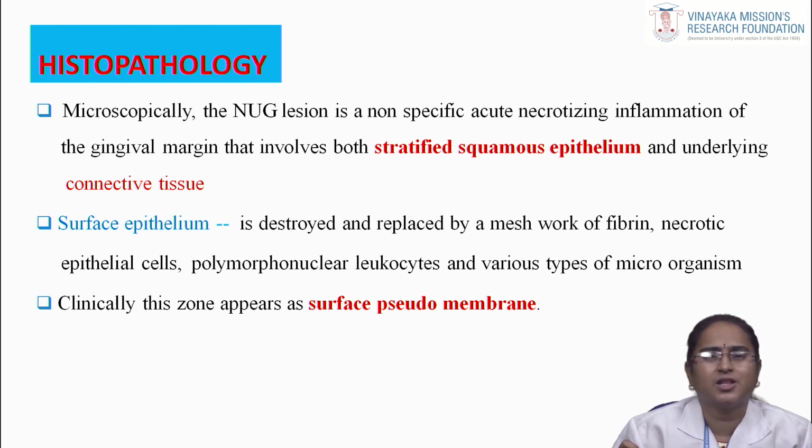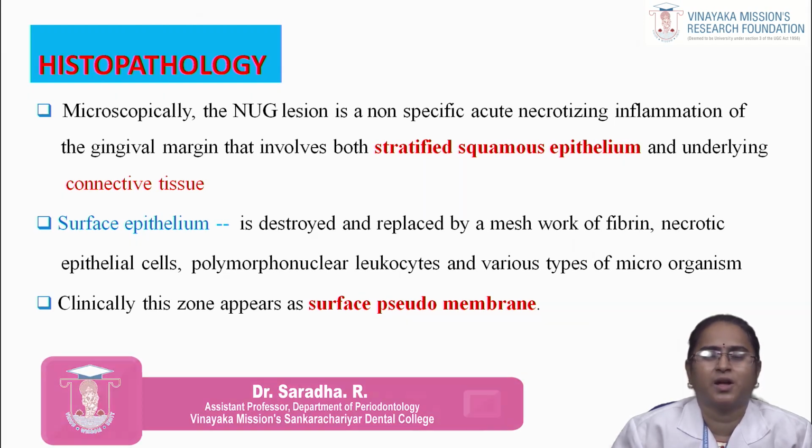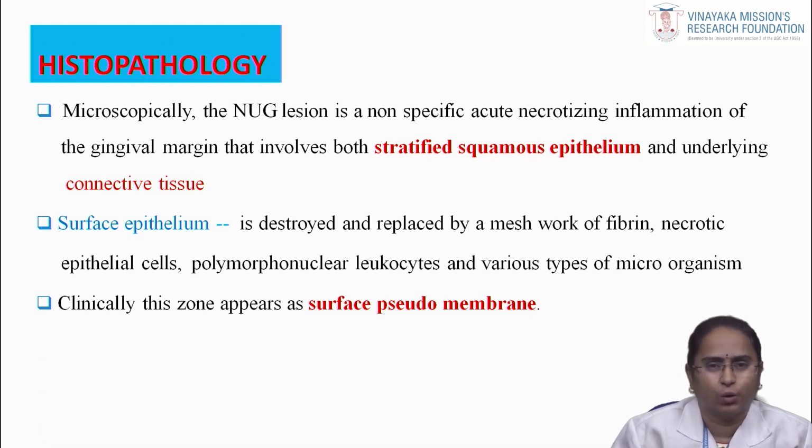The epithelium is a stratified squamous epithelium, and the surface epithelium is destroyed and replaced by a meshwork of fibrin, necrotic epithelial cells, polymorphonuclear leukocytes and various types of microorganisms. Usually the microorganisms which are abundant are fusospirochetes, and clinically this appears as a pseudomembrane.